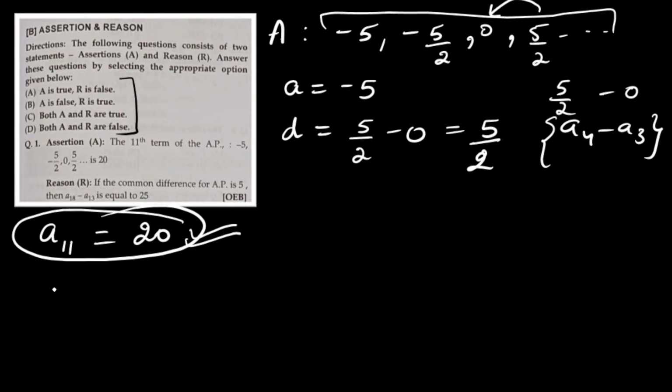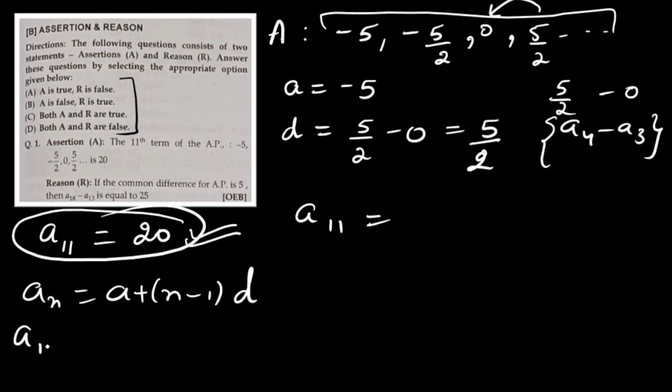Let's find A11. A11 is equal to A plus N minus 1 into D. I am using the standard formula: An is equal to A plus N minus 1 into D. So A11 is equal to A, which is minus 5, plus 11 minus 1, which is 10, into D, which is 5 by 2.